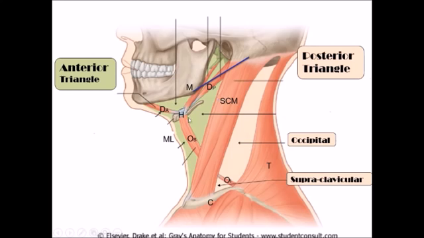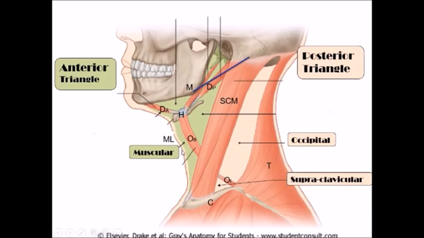Coming to the smaller triangles which are within the anterior triangle, one is the muscular triangle. The boundaries of this triangle: in the front we have the midline structures of the neck, posterior superiorly we have the superior belly of the omohyoid, and posterior inferiorly we have the sternocleidomastoid muscle.